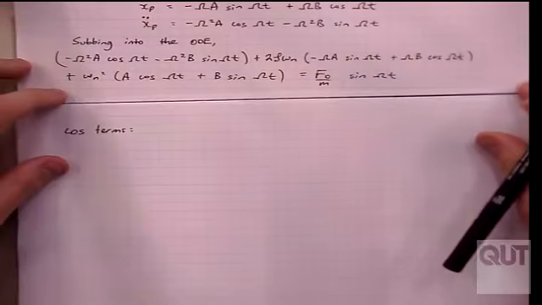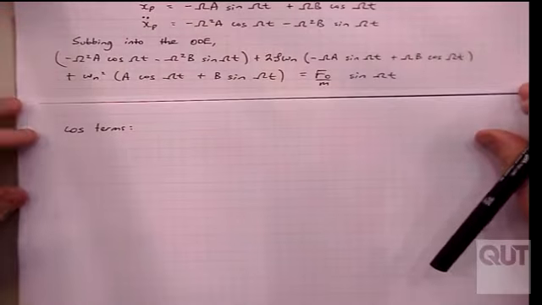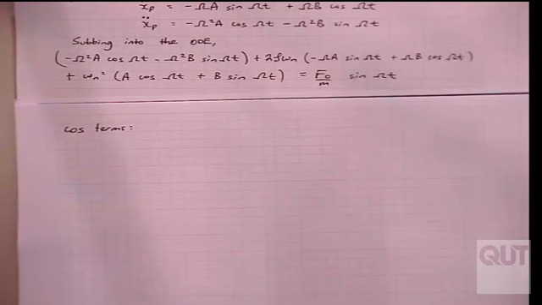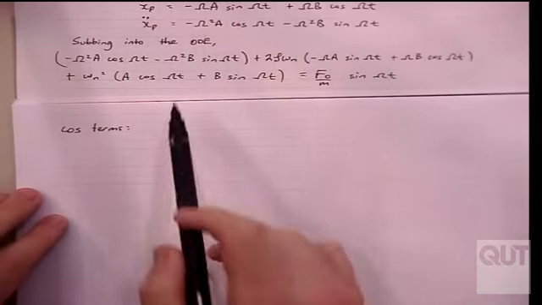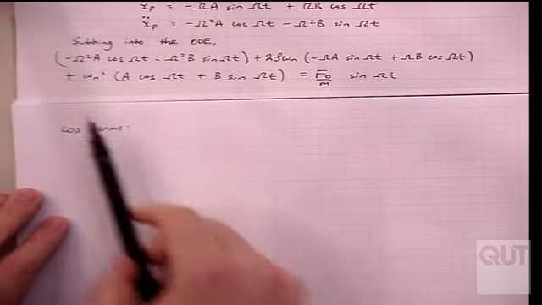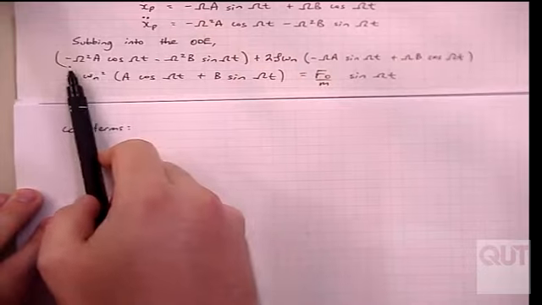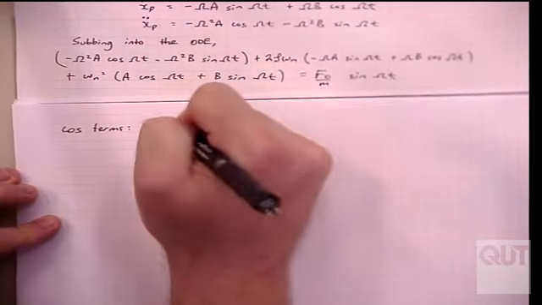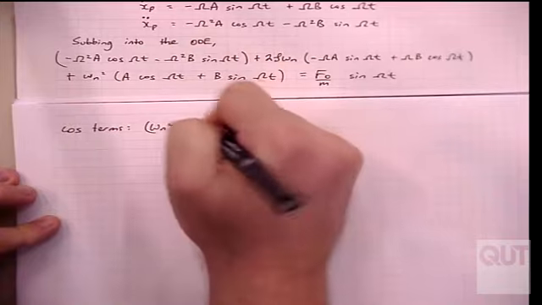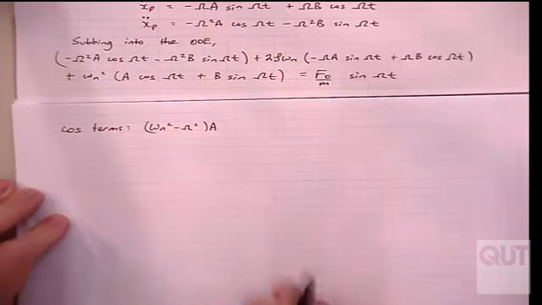Firstly, I'm just going to look at all of the cos coefficients on the left and right hand side of the equation and say they're the same. So looking at the cos coefficients, we've got omega n squared A minus omega squared A. So we've got that many cos terms.